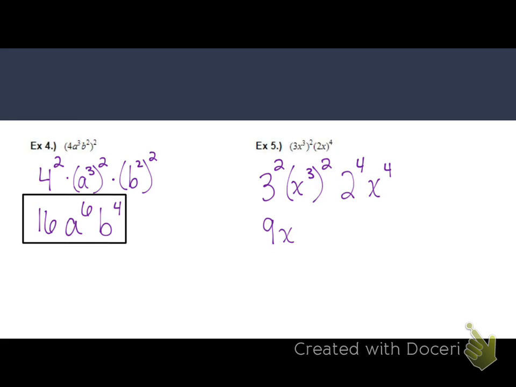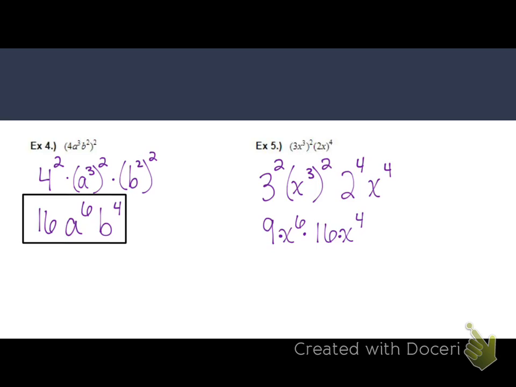Multiply. 3 times 2 is 6. 2 to the 4th is 16. And then x to the 4th is as simple as it gets. If you want to put little multiplication dots in between all of these, you can. If you want to use parentheses, you can. But we have to understand that we're still multiplying all of these things.